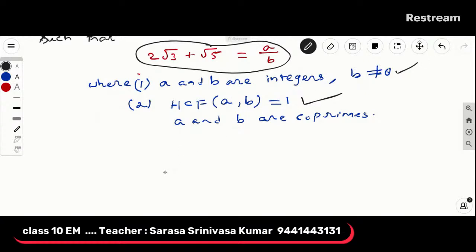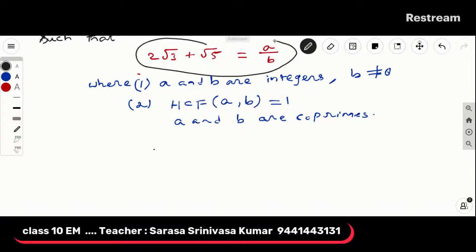Now we develop a mathematical argument to prove the result. We rearrange the given problem as 2 square root of 3 equal to a by b minus square root of 5.